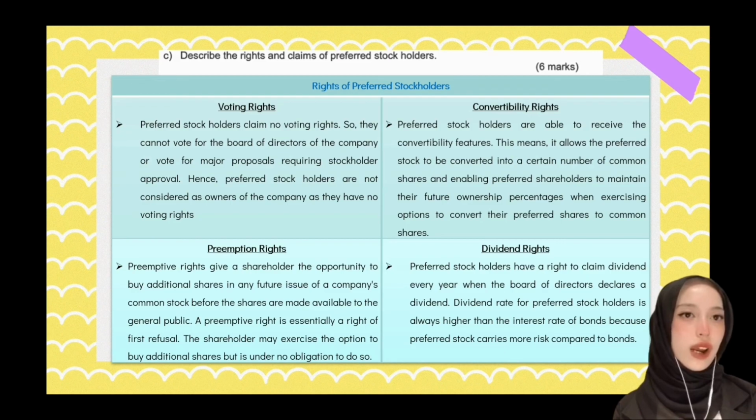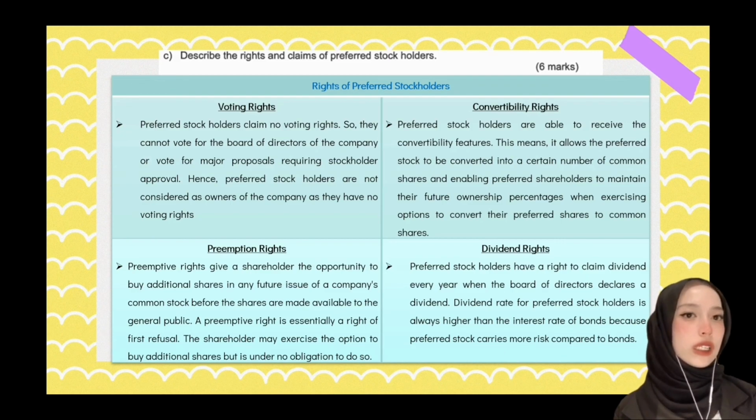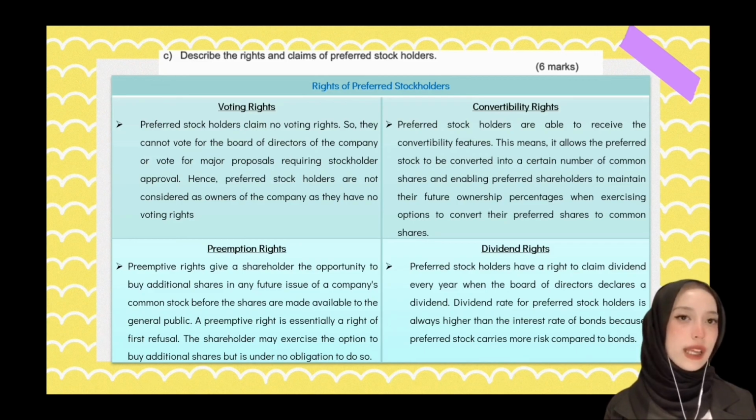Lastly, dividend rights. This is the most obvious advantage of holding preferred stock, as preferred stockholders have a right to claim dividends every year when the board of directors declares a dividend. As my friend has calculated for March 2017, we can clearly see that the amount of annual dividend paid to the preferred stockholders is higher than the amount paid to common stockholders.